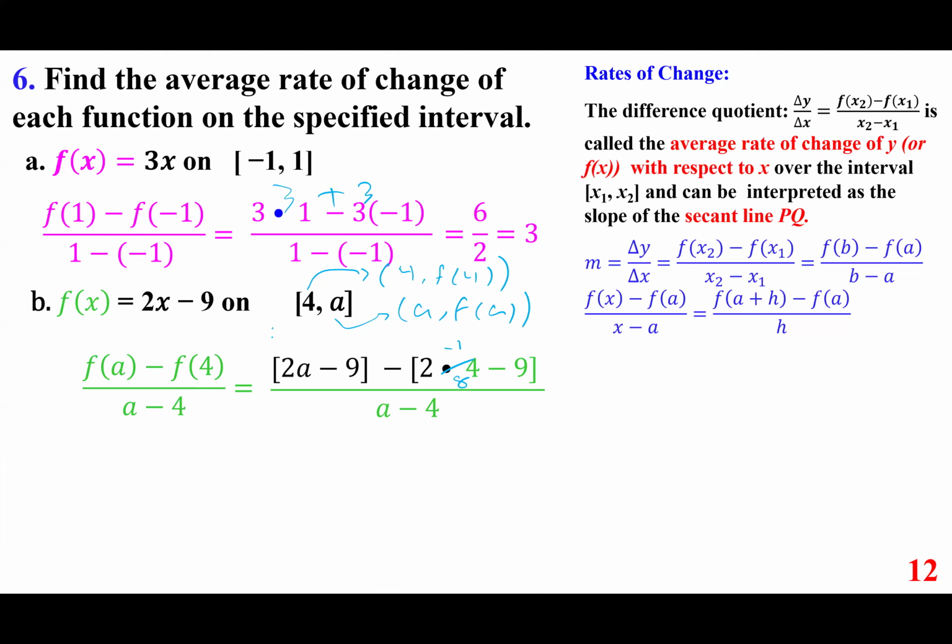So we have 2a minus 9 minus -1, which makes it plus 1, which makes it 2a minus 8. We can factor the 2 from the numerator. And now we can drop those and we get 2, and we are done.